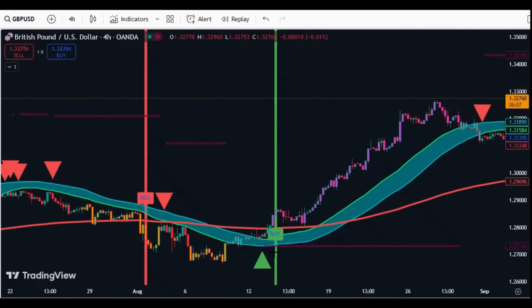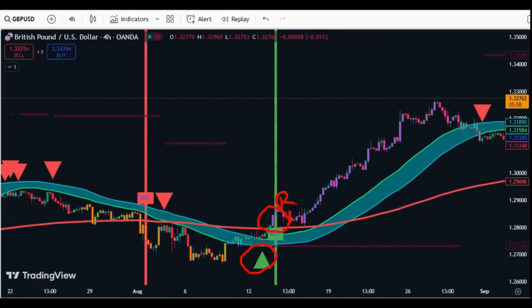Here is a perfect example of how this trading strategy works. These green triangular arrows you see indicate a buy signal, meaning that it is time to go long, because when you look at the chart, you will see that the moving average has already given us a direction at this point to go long.